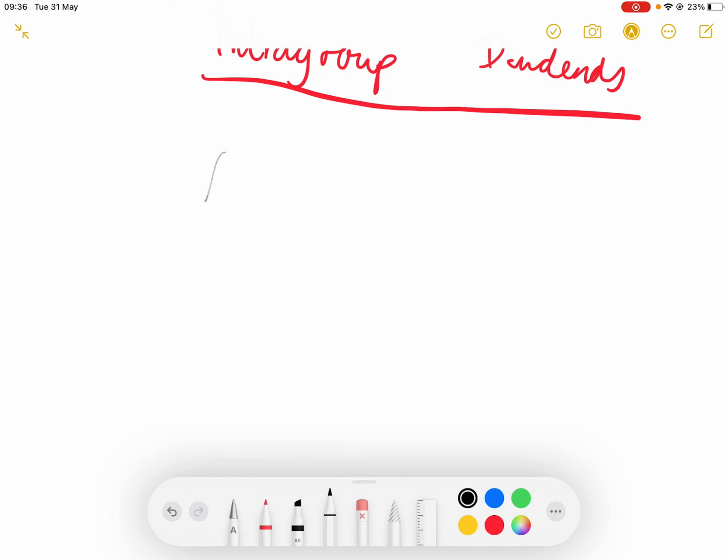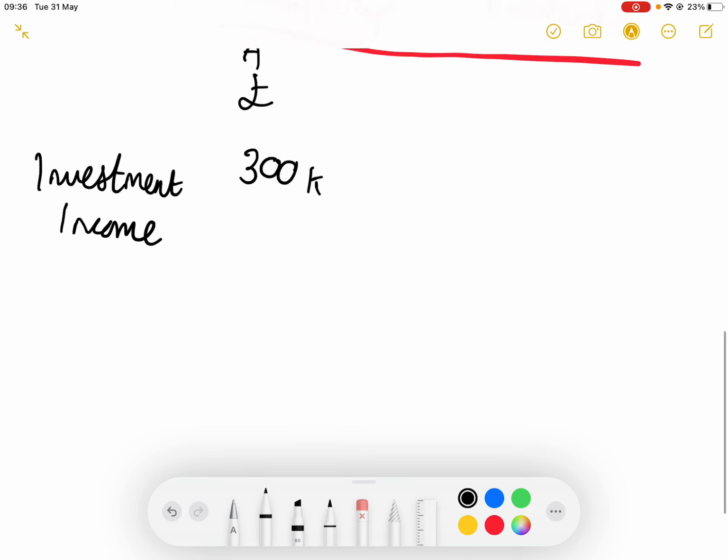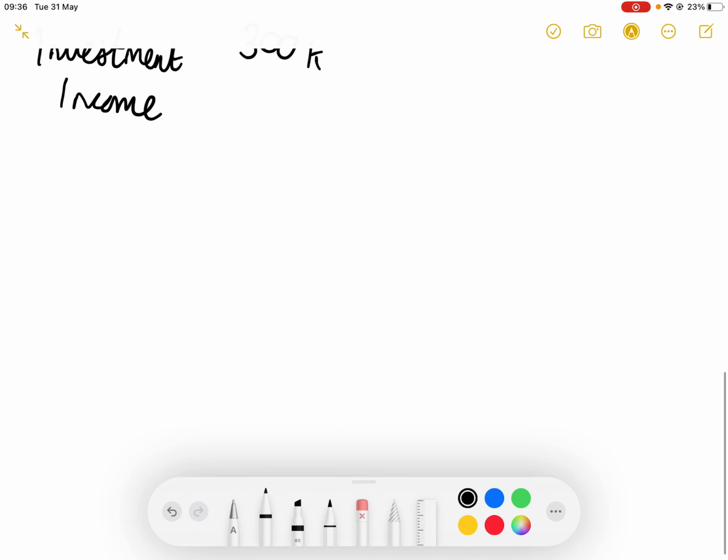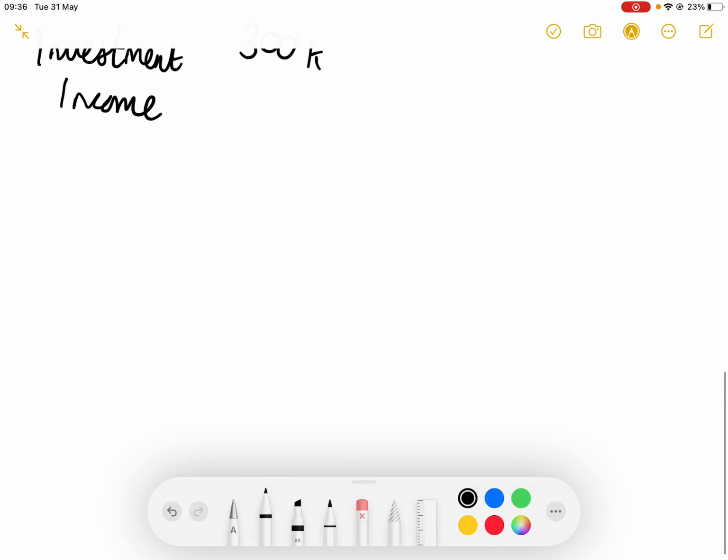In A's column here, you have investment income of 300k. So A makes a lot of investment income. Now some of that income includes dividends from subsidiaries, so we need to make an adjustment for that.